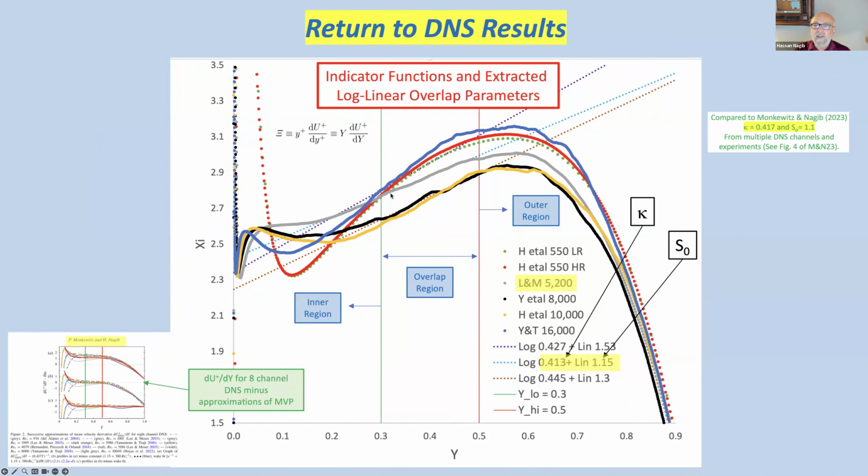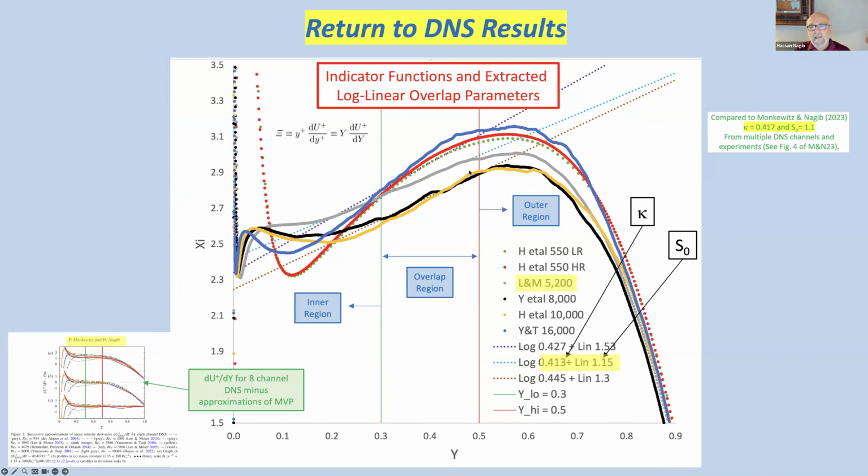And there is some sensitivity, but we test for getting different values for the inner and the outer edges. This is the overlap region, and it grows. If you really want to know how we systematically did that, there is this figure in the JFM paper I mentioned last August with Monkewitz.